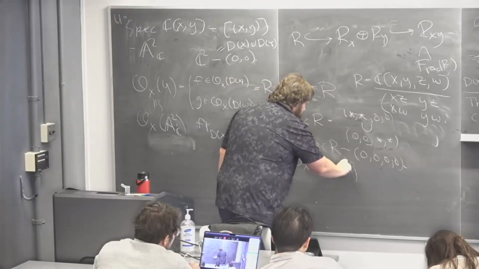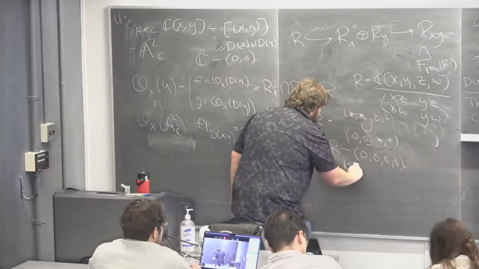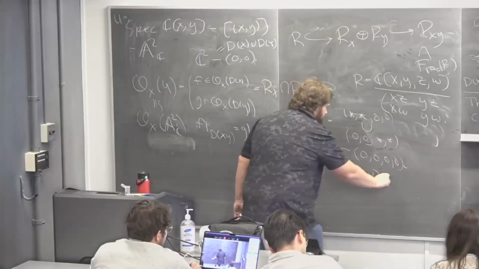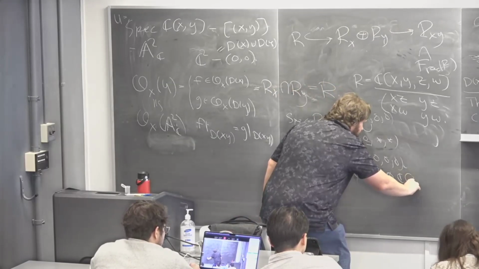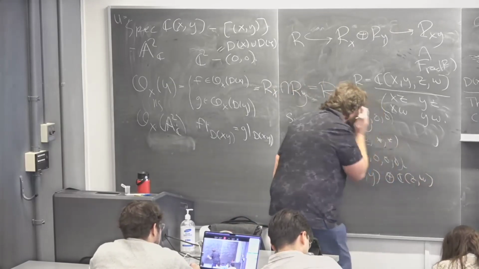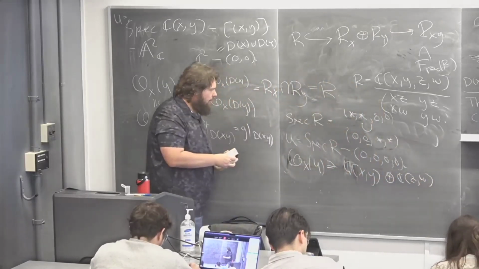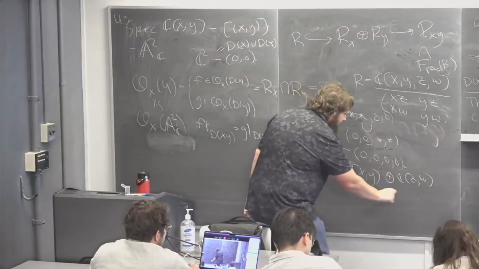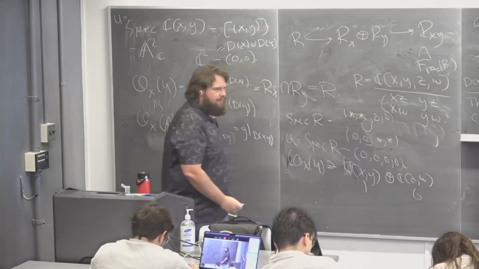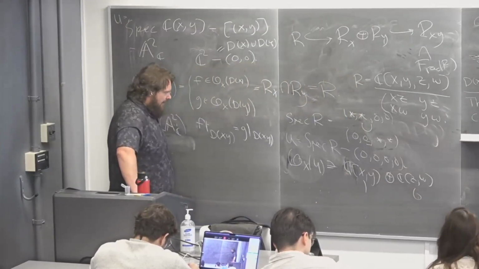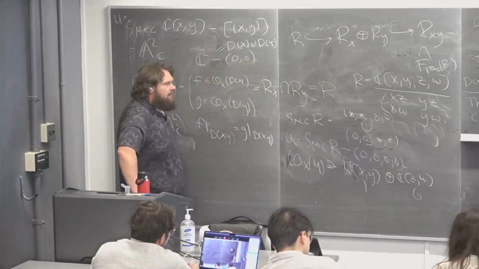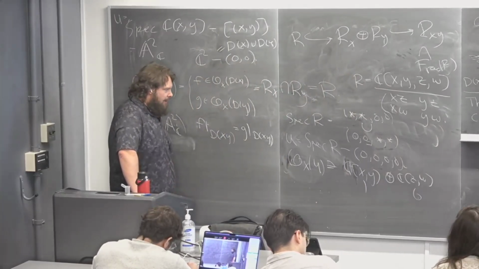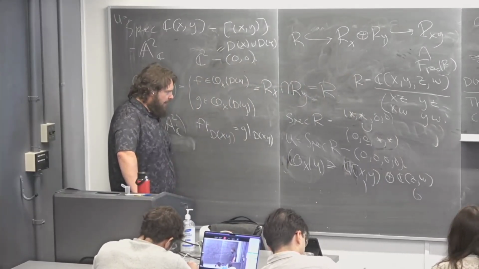So this just becomes two copies: polynomials in X and Y plus polynomials in Z and W. In particular, I can take the constant function 1 here and the constant function 0 here. And that's a perfectly good element of the structure sheaf on this open set, which is a little bit strange.